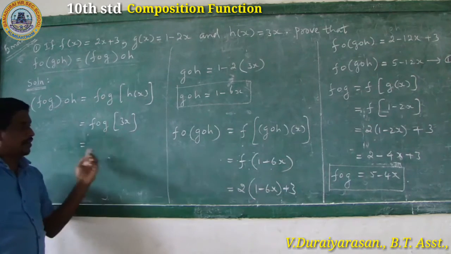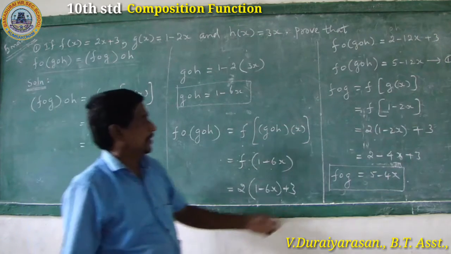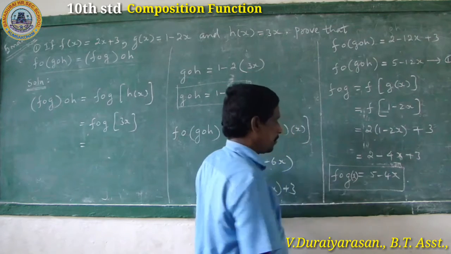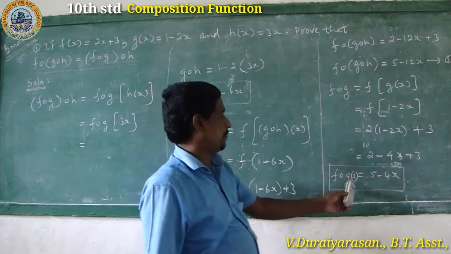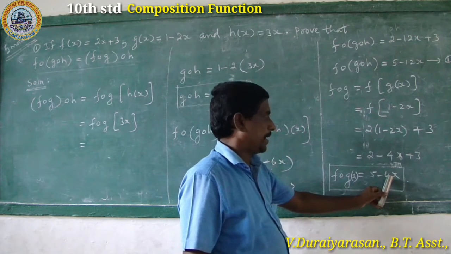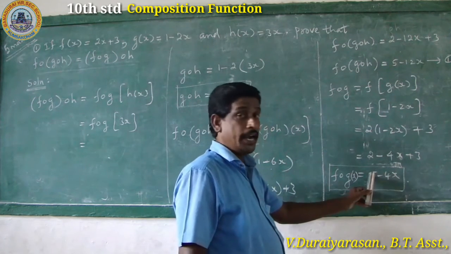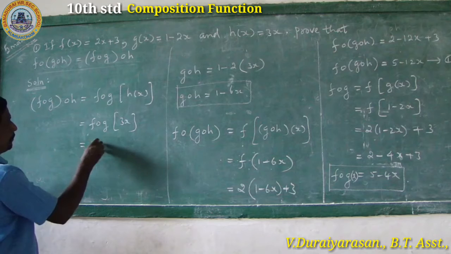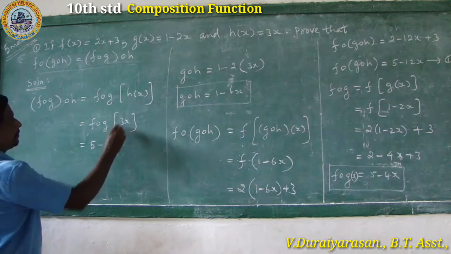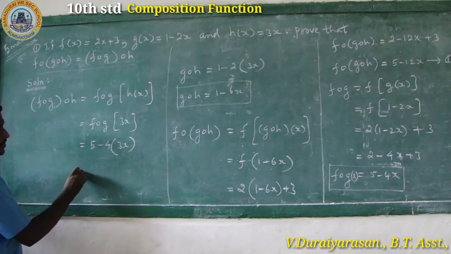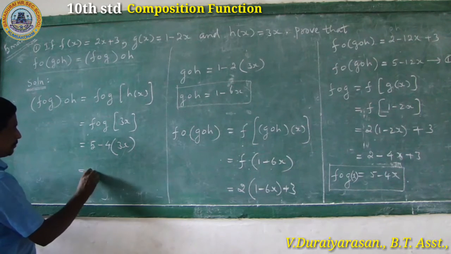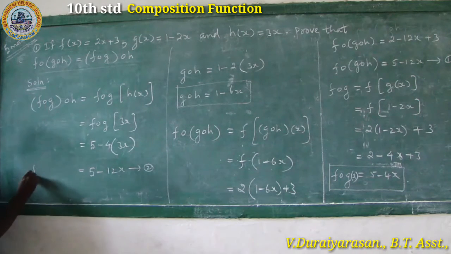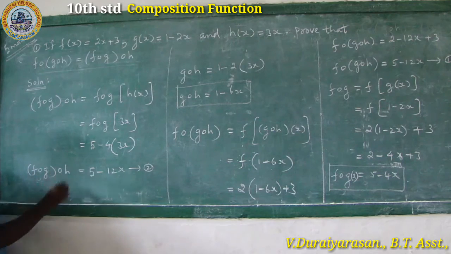What is the definition of f composite g? f composite g means f of g of x, a function x multiplied by minus 4 and plus 5. So what is the value? 5 minus 4 times the given function 3x is equal to 5 minus 4 times 3, 12x. Equation number 2, f composite g composite h.